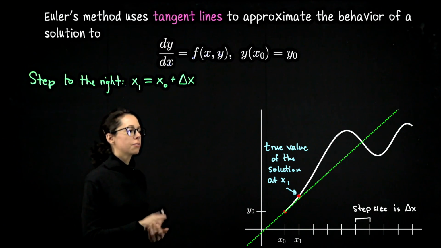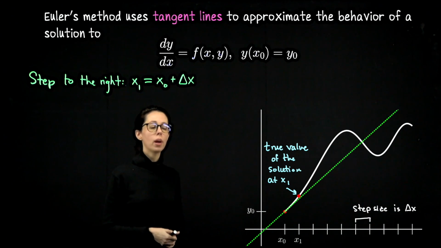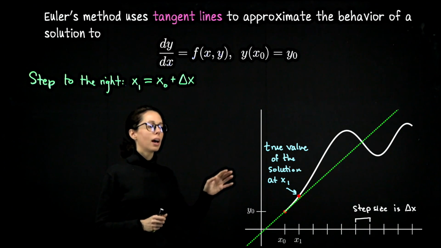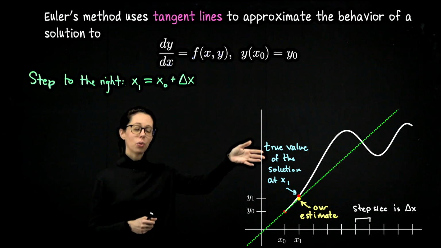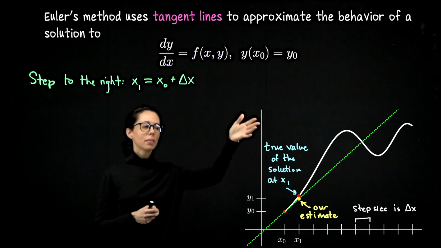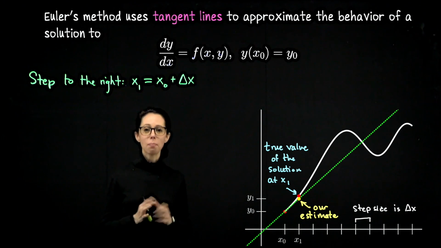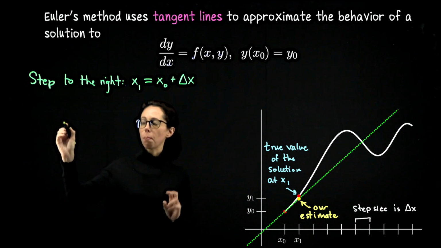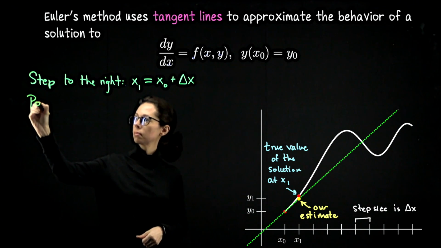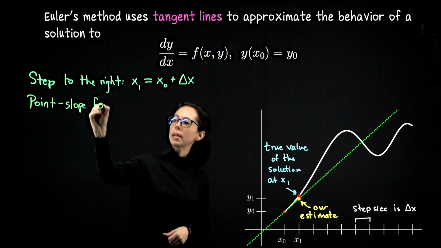So instead of somehow knowing the value of our function at our new input x1, let's compute the value of, here I'm going to highlight it, the y value on the tangent line at x equals x1. Okay, so basically, let's step a little bit to the right and find that point on this tangent line. For this, I'm going to use point slope form to write down my tangent line.